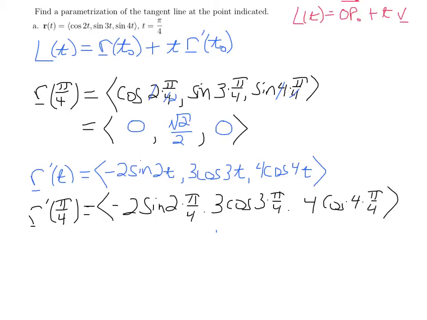And then I'll simplify it just as I did in the previous step. So the 2 cancels out with the 4, so I'll have a sine of pi over 2. And that will give us minus 2 times the sine of pi over 2, which is simply 1.